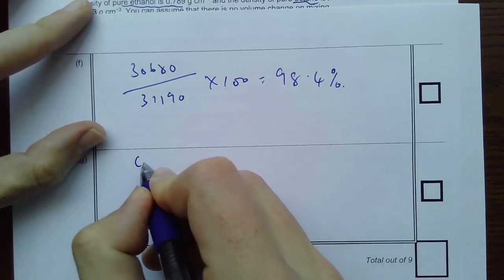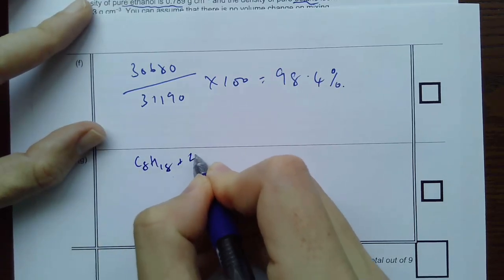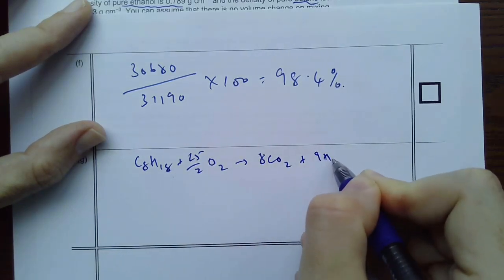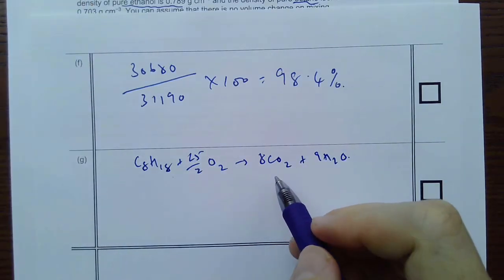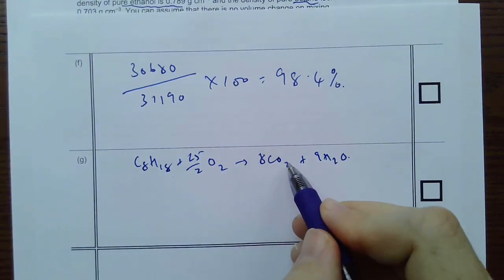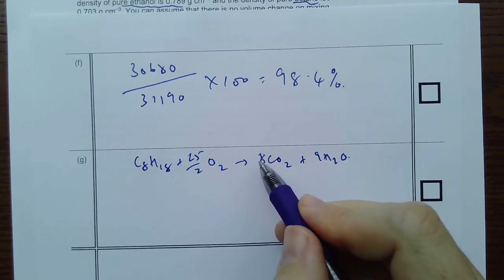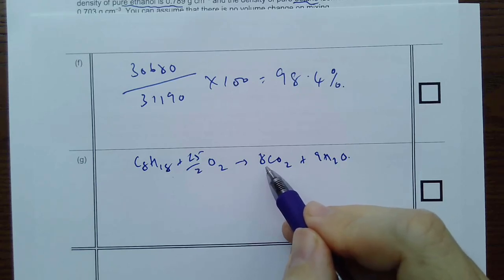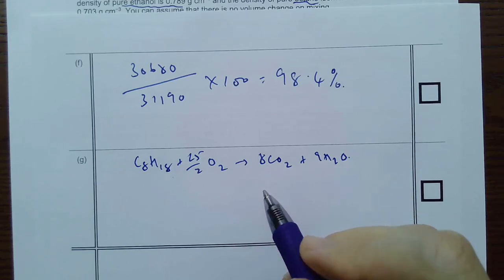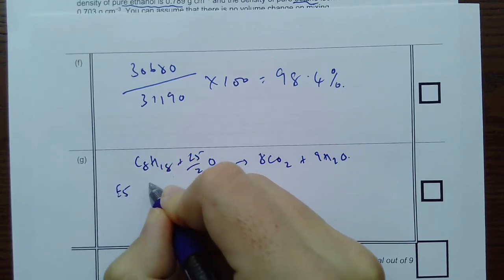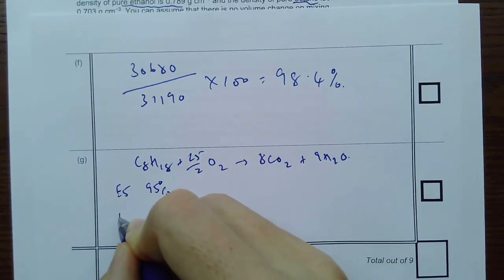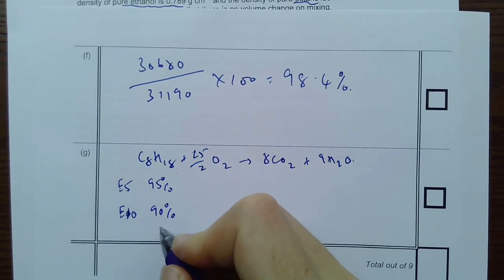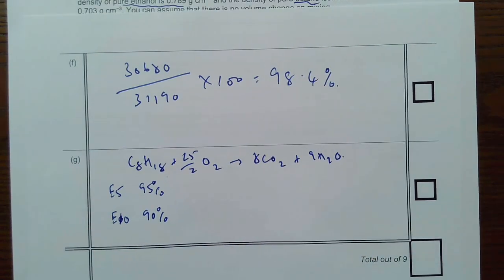The octane is C8H18 plus 25 over 2 O2 gives me 8CO2 plus 9H2O. Okay, and what it's saying is when I do E5, I get a certain amount of this, and when I do E10, I get slightly less than this, because in E10, the proportion of octane is lower. In E5, it's 95% this, and in E10, it's 90% this.